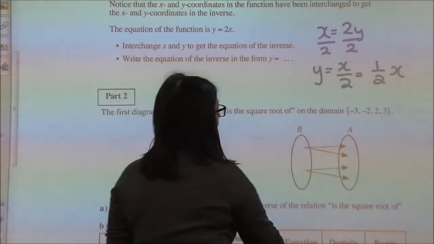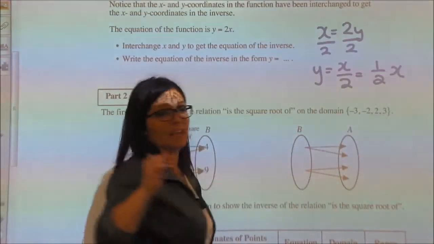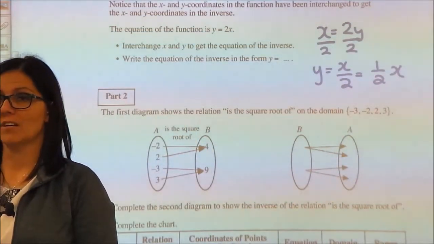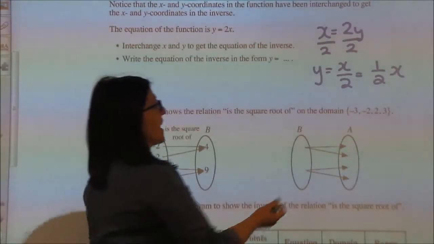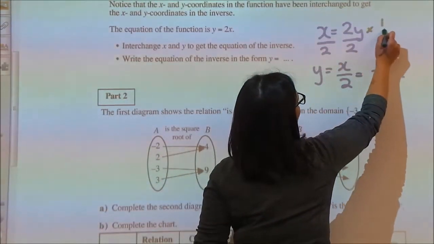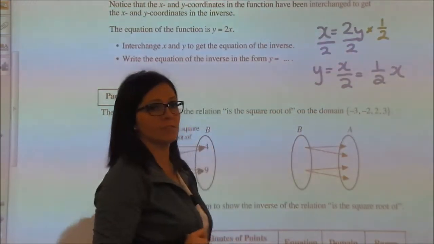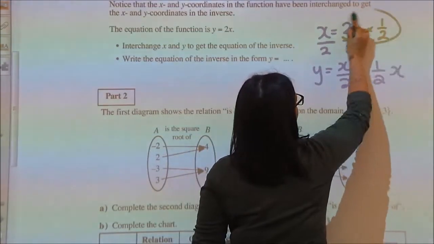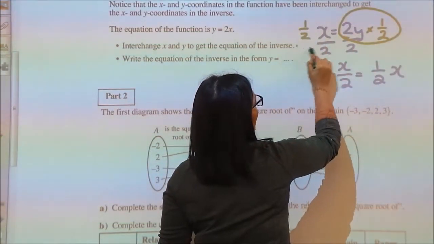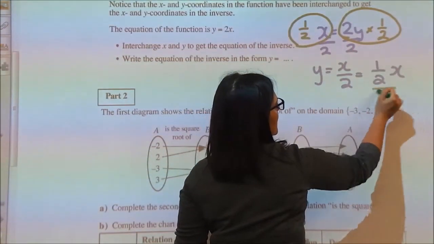The other way to look at this, remember what we said, inverse operations? So instead of dividing by 2, I can multiply by half. This would be the same. If I multiply by half, that brings me to this point here.